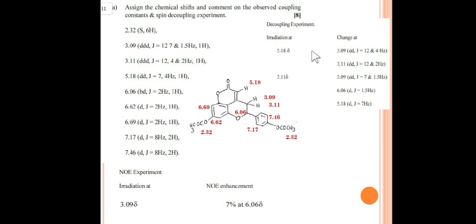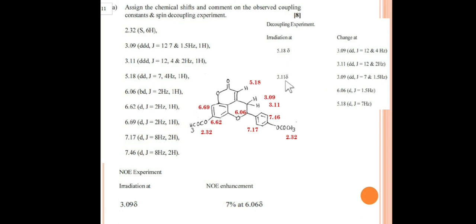Let's go for the decoupling experiment. What does the decoupling experiment show? If we irradiate the proton at 5.18, of course these two signals will be affected, or their coupling is disturbed. So when 5.18 is irradiated, the proton at 3.09, which was previously a doublet of doublet of doublet, now becomes a doublet of doublet with only 12 and 1.5 Hz of coupling.